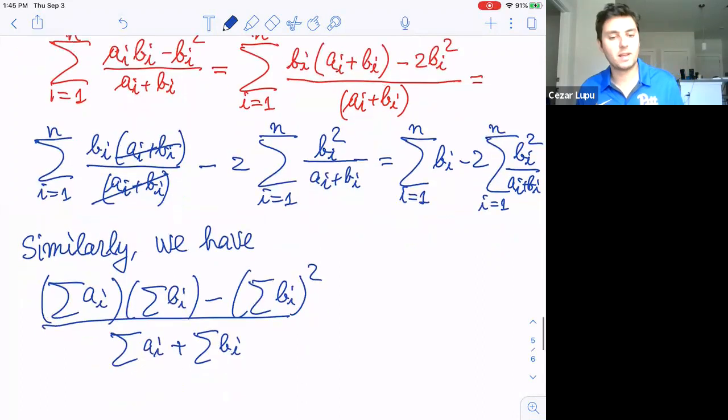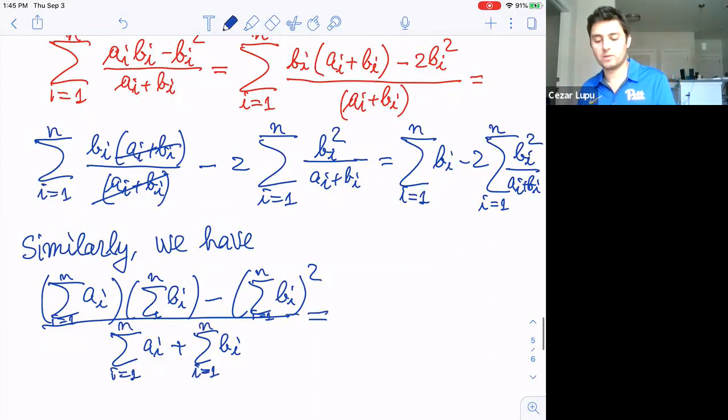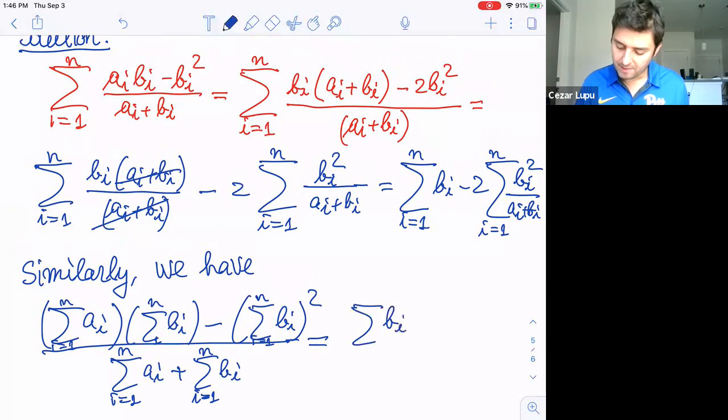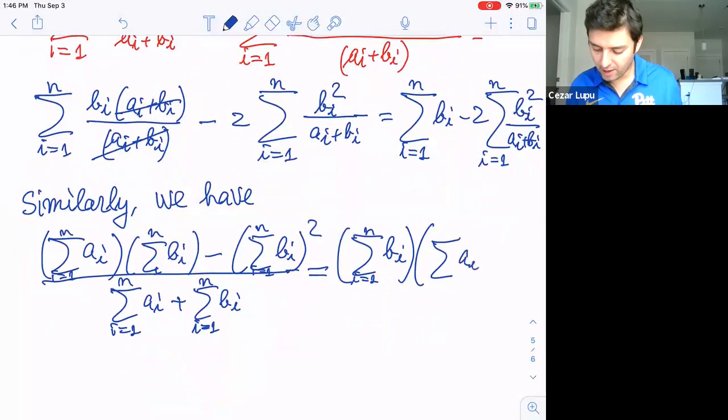Because now I want to do the same thing. It's the same expression here. The only difference is that I have the sum from 1 to n. You can understand that this is from 1 to n, but I didn't want to write it, so I don't lose any time. So I want to do the same thing. So maybe I should force the sum of b_i as a factor this time, not just b_i, times the sum of a_i plus the sum of b_i.